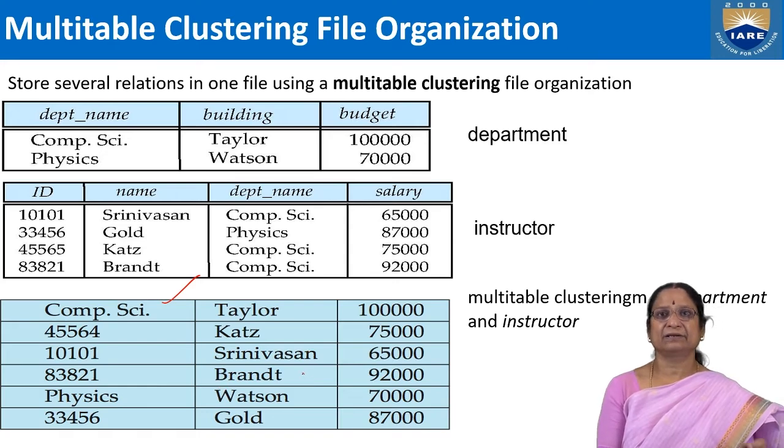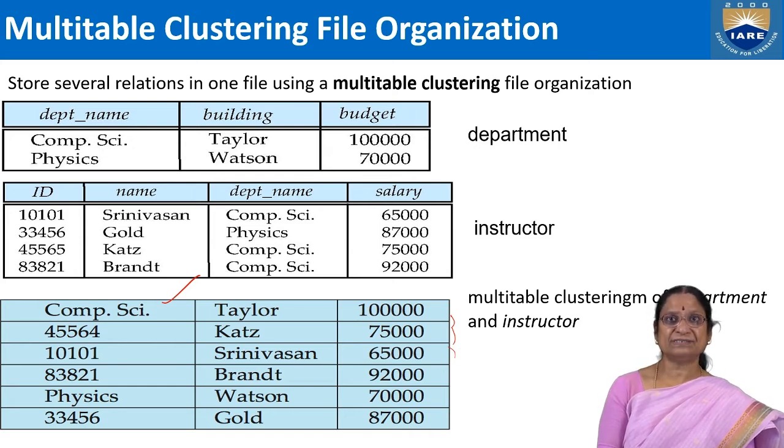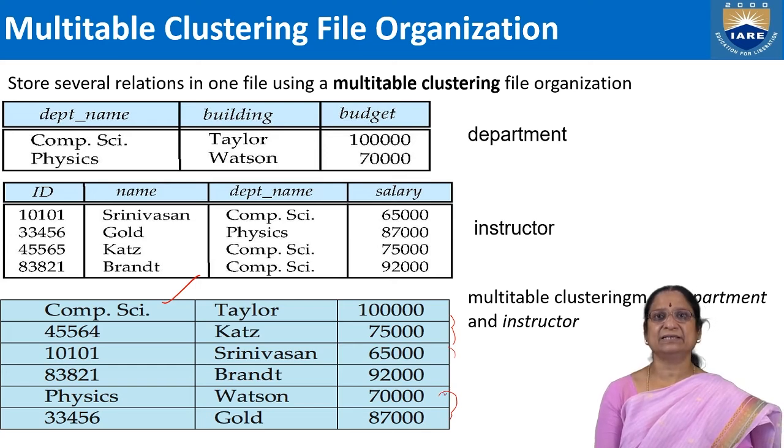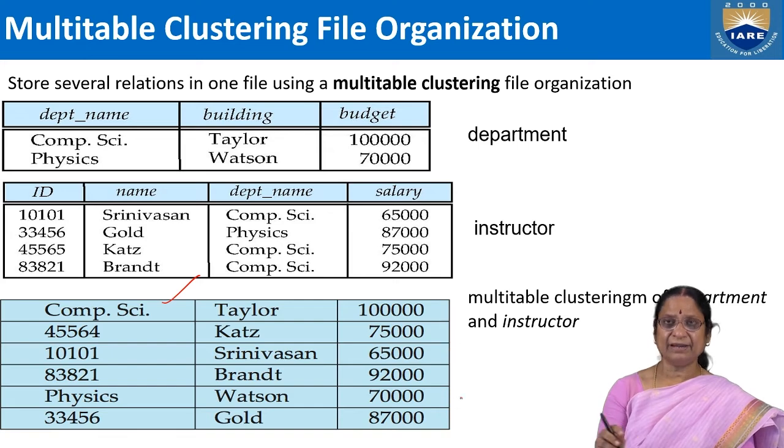Next, Ravi. Because three records are there in instructor, all those three records are connected to this computer science record. What is the next record? Physics. That physics record has another employee in the instructor table after the physics department details, and that is connected. The clustering is made depending upon the department here.